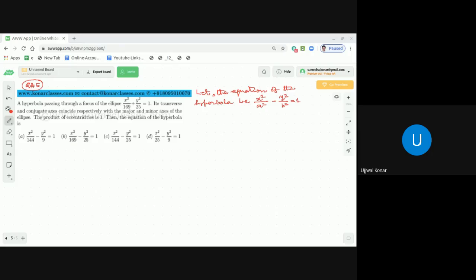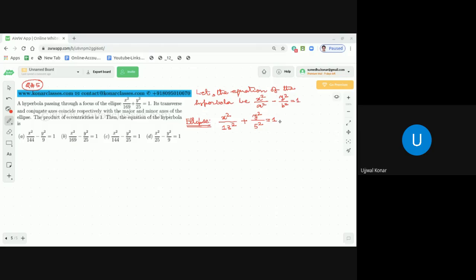Now, this is what you need to find, very precisely, dear students, we need to find the value of a and b. Now, according to the question, what is the equation of the ellipse? If I write that equation of the ellipse in the standard form, we'll get x square by 13 square plus y square by 5 square is equal to 1.